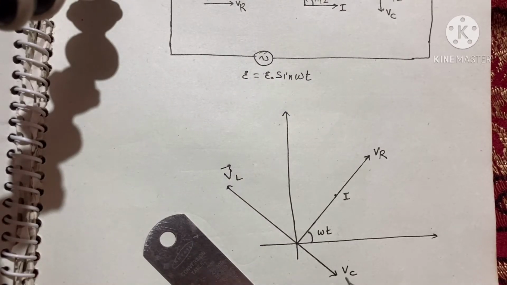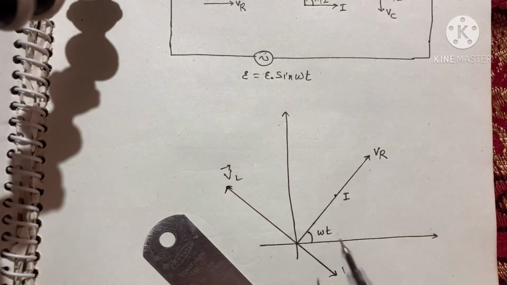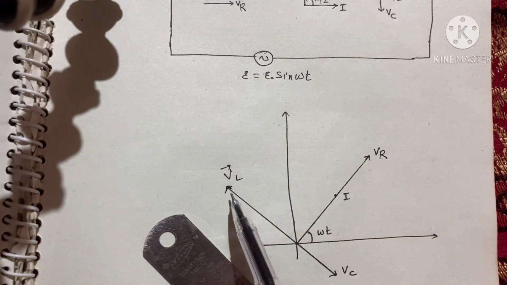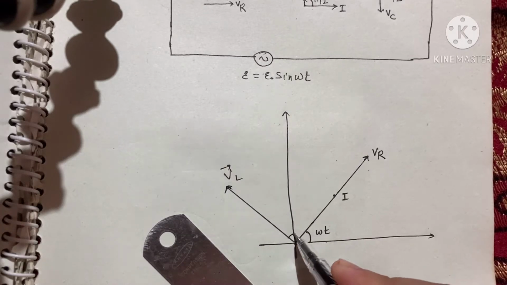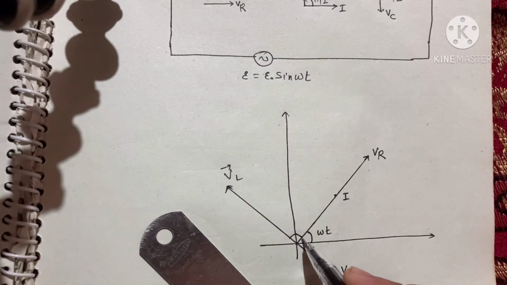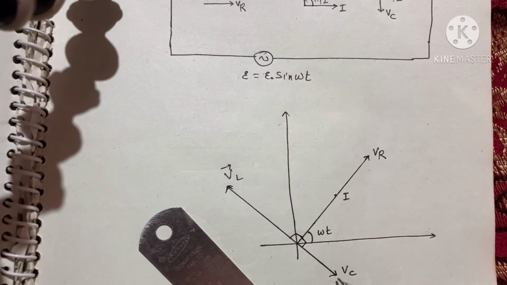You can assume the opposite too, but in the ordinary condition we take the voltage across the inductor to be greater than the voltage across the capacitor. This is 90 degrees, and this is also 90 degrees, so VC and VL are at 180 degrees to each other.